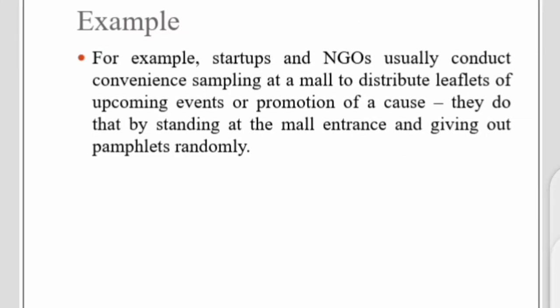For example, startups and NGOs usually conduct convenience sampling at a mall to distribute leaflets of upcoming events or promotions of a cause. They do that by standing at the mall entrance and giving out pamphlets randomly.